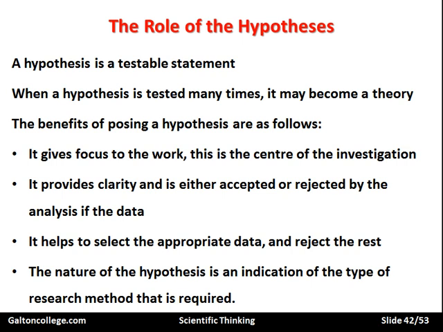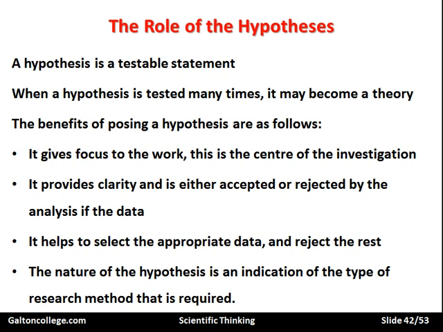The nature of the hypothesis is an indication of the type of research method that is required. Go back to the one I've just mentioned: variations in price leading to variations in sales. That's quantitative. We can measure changes in price and we can measure changes in sales. So a statistical method.